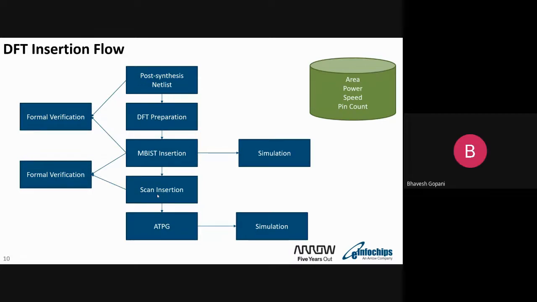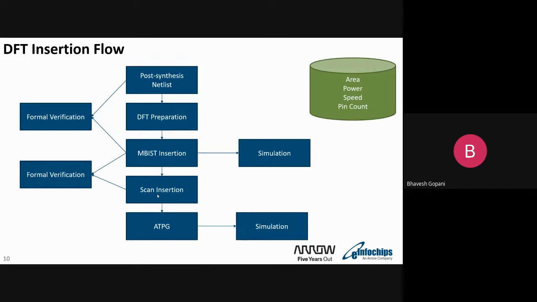Another question: what is the percentage of area overhead due to this DFT in a given design? Normally, it depends on the design, but my experience says most of the area overhead is due to MBIST. Scan doesn't take much area, because it replaces only flop with scan flop.